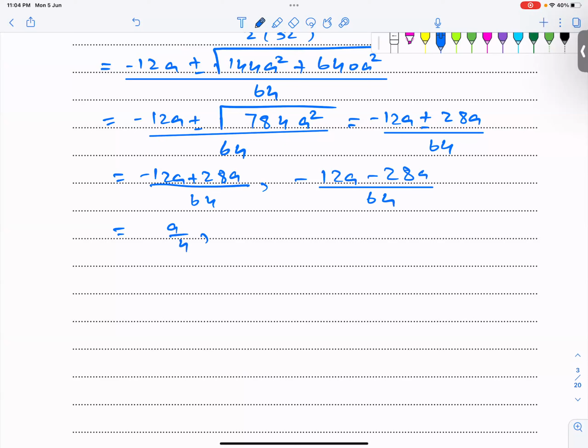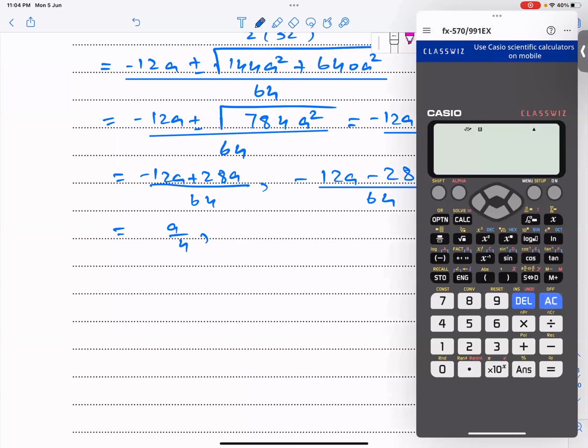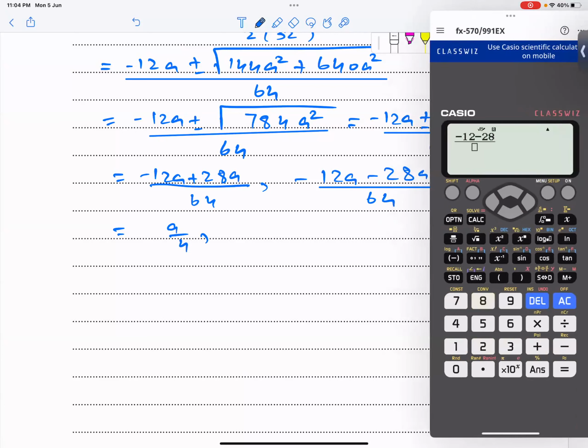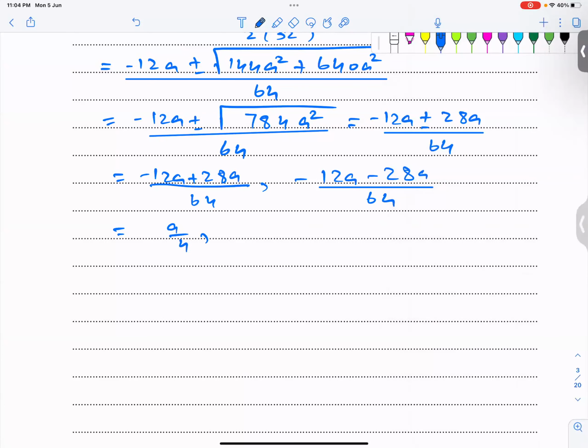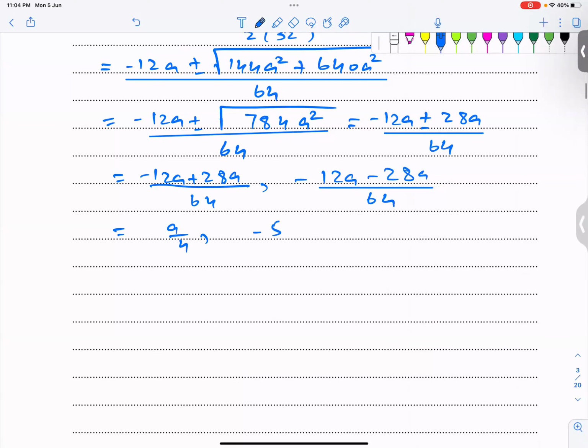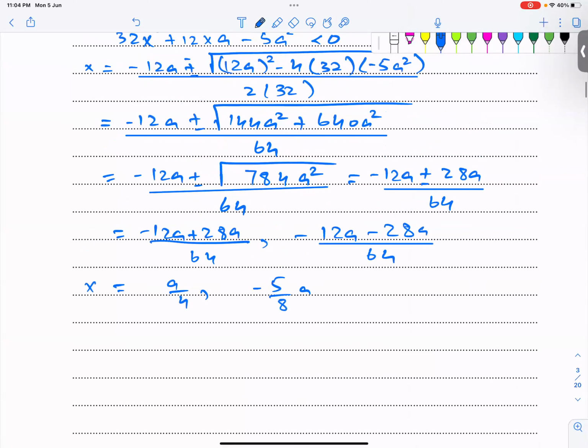And the second value is negative 12 minus 28 divided by 64. Finally, this will give you minus 5 over 8a. Now these are the values of x in terms of a.